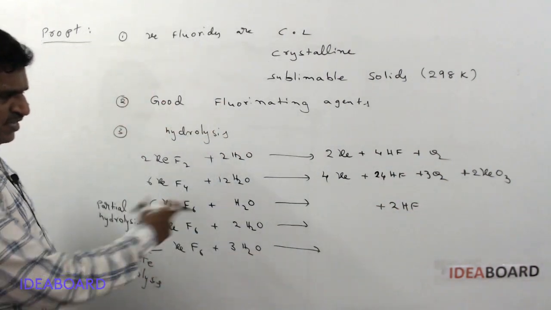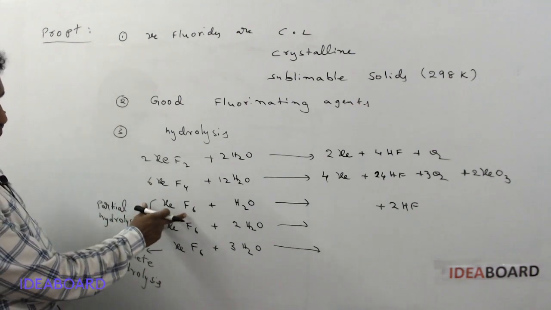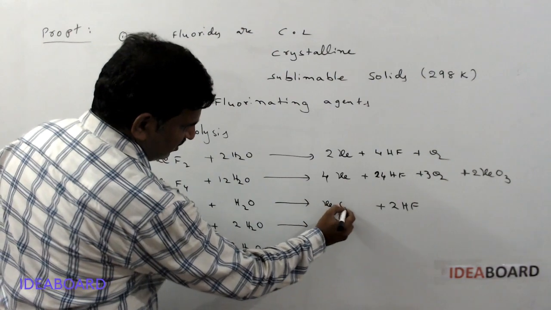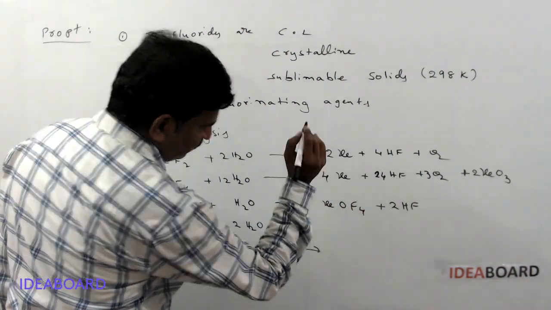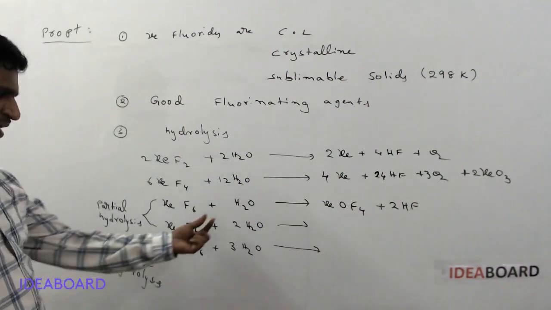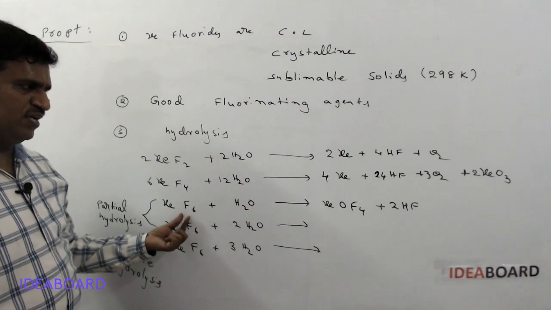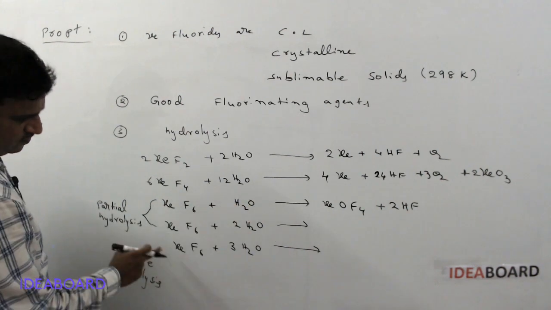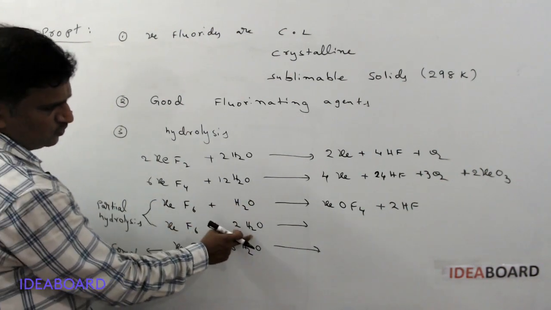And what is the remaining? Xenon is present, 4 fluorine atoms, 1 oxygen, so it forms XeOF4. Remaining is XeOF4.